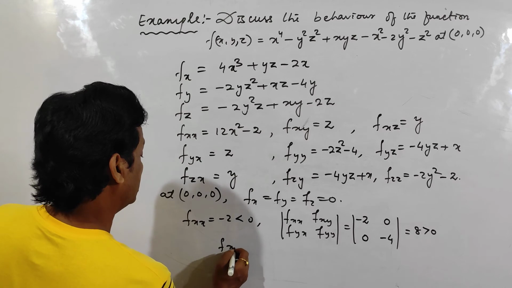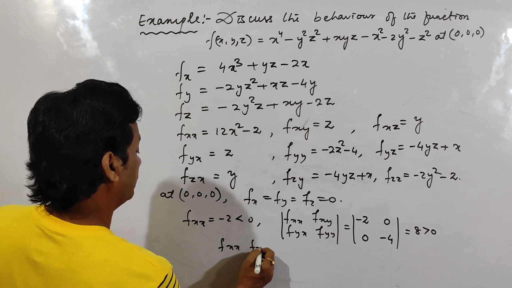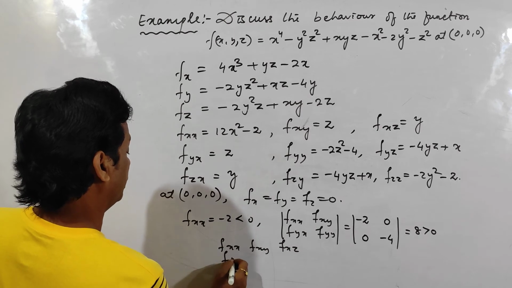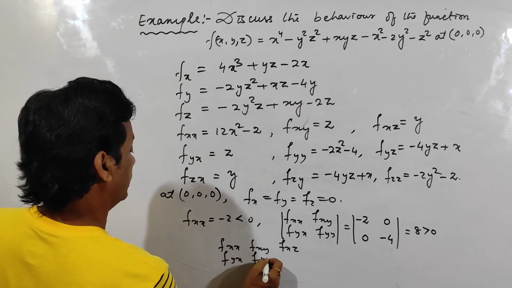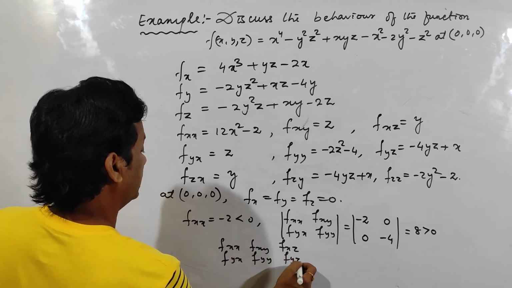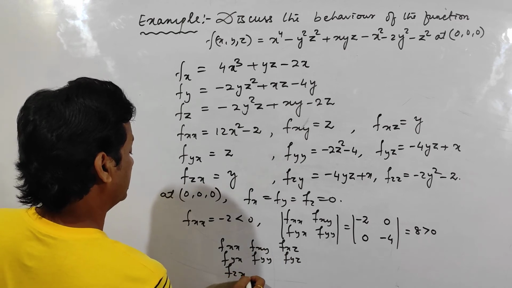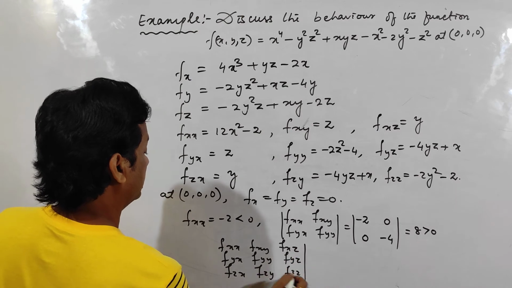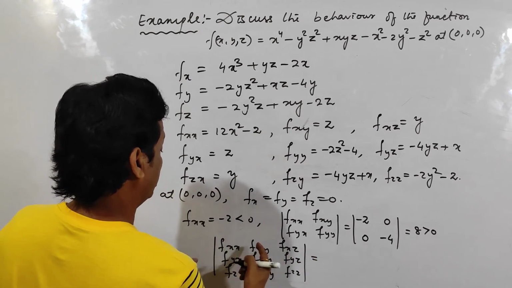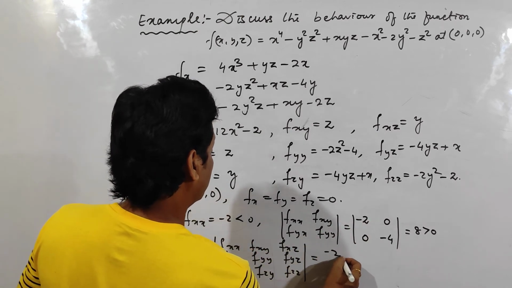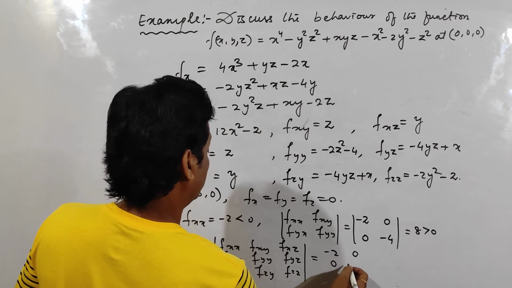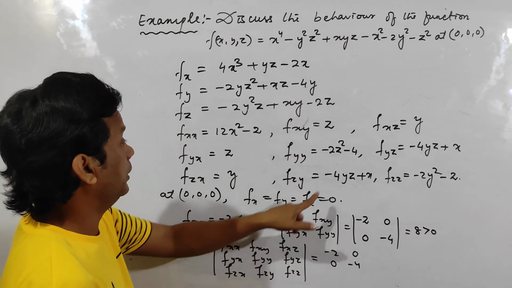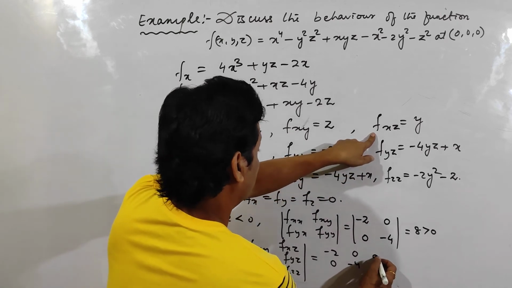Now third one is fxx, fxy, fxz, fyx, fyy, fyz, fzx, fzy, fzz, determinant. So let us see these four values already I have written: minus 2, 0, 0, minus 4. Then fxz, it is also 0.